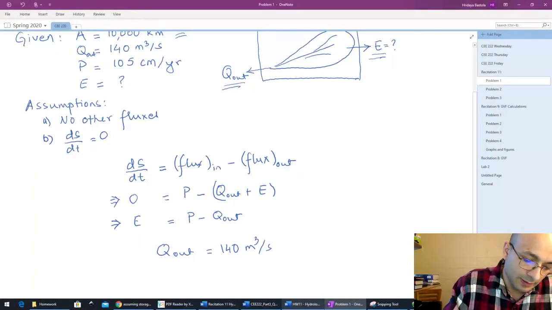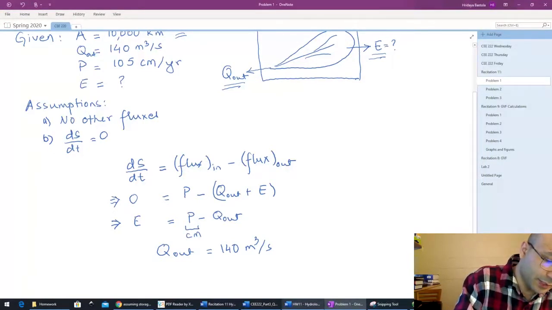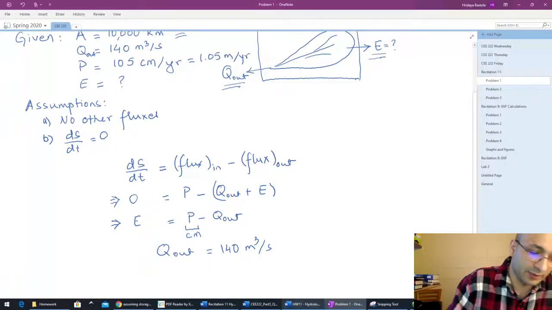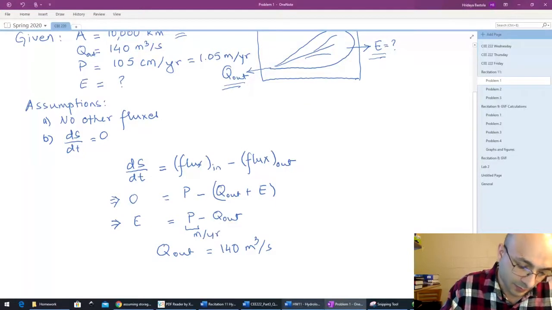Let's convert that into units of depth per year. P is 1.05 meter per year, in units of meter per year.